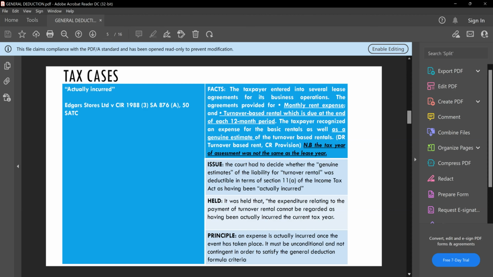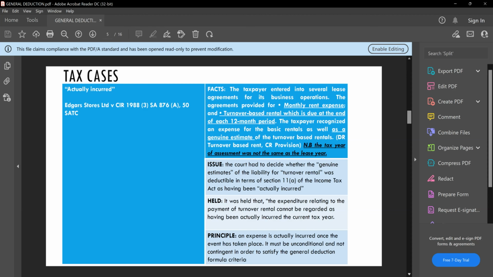So the taxpayer recognized an expense for the basic rentals, as well as a genuine estimate of the turnover-based rentals. What happened was the taxpayer treated the monthly rent expense as an expense by debiting the expense and crediting either bank or accounts payable.